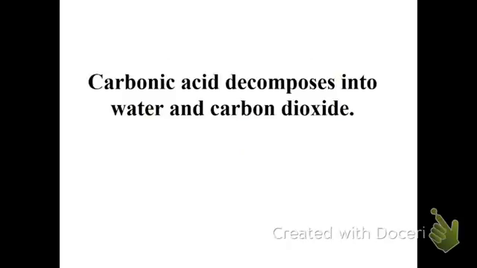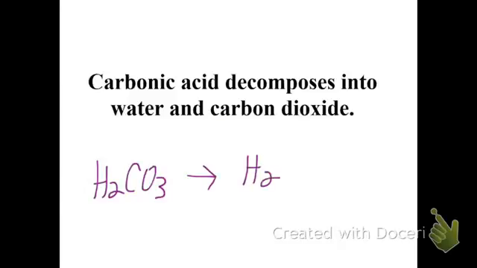Carbonic acid, this is a big one, okay? Never ever on an AP exam write carbonic acid as a product because it decomposes immediately upon forming. So it's going to be H2CO3, and that's going to make H2O and CO2. But never write it as a product. That's like a biggie that always decomposes as soon as you form it.